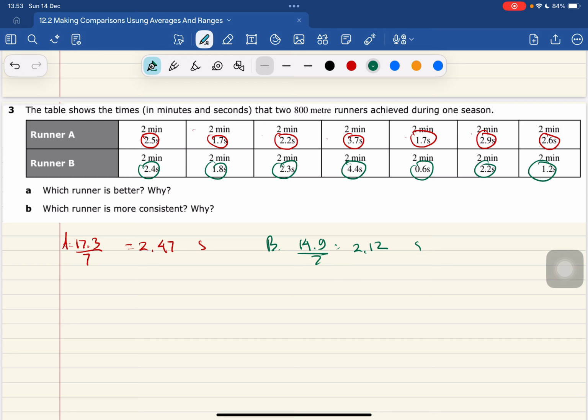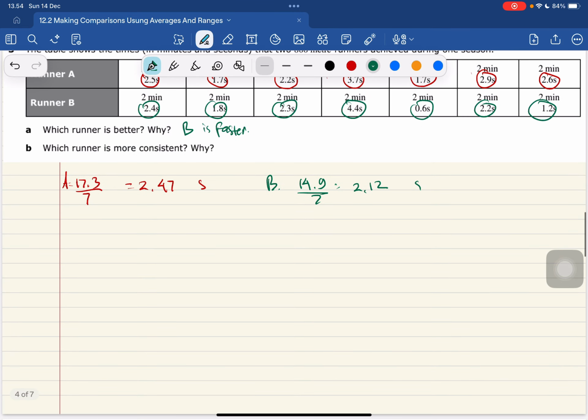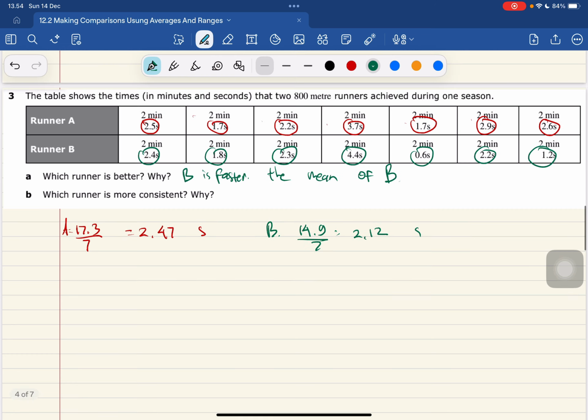So runner B is faster because the mean is lowest. Technically, runner B can beat runner A.